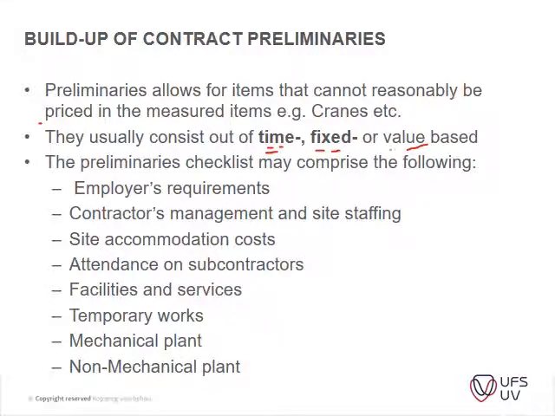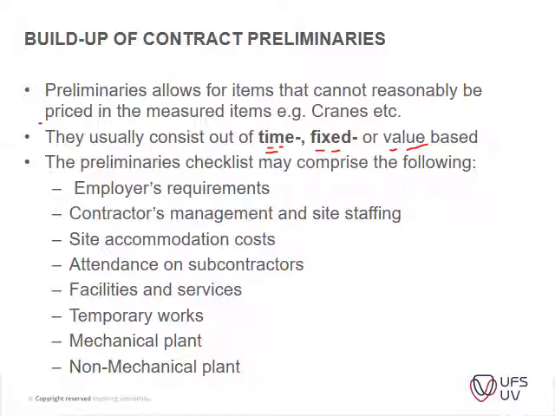And then your value-based items are the items that are paid out according to the amount of work that you've done on site. So if your payment certificates go up and you're now at 50% of your payment certificate values, you can get 50% of your value-based preliminary items. So just be mindful of that.